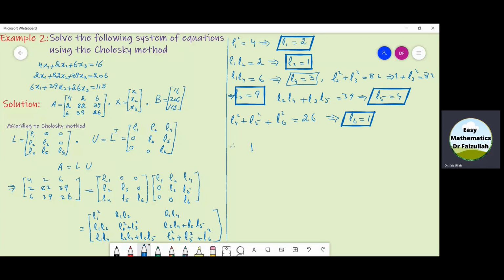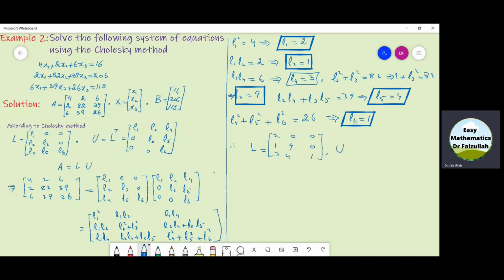Therefore, we can write that the lower triangular matrix is 2, 0, 0; 1, 9, 0; 3, 4, 1.